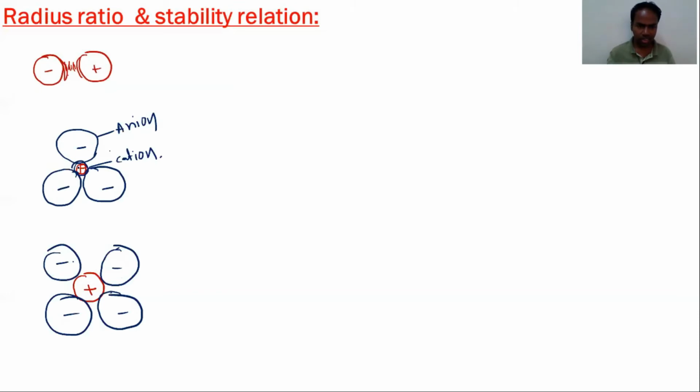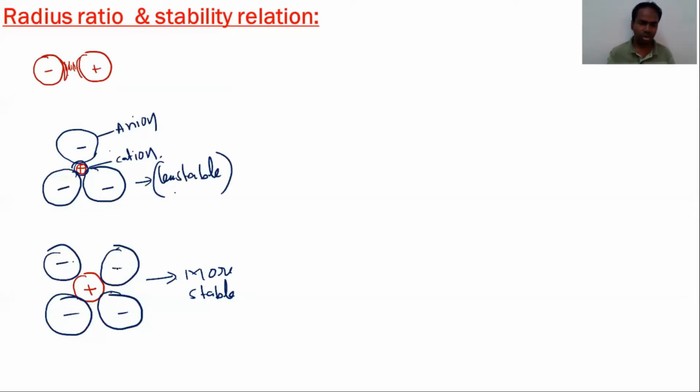Compared to the small size cation, the large size cation has more force of attraction with the surrounding anions. So with more force of attraction, this is a more stable arrangement. Here with less interaction with neighboring spheres and less force of attraction, this is less stable.